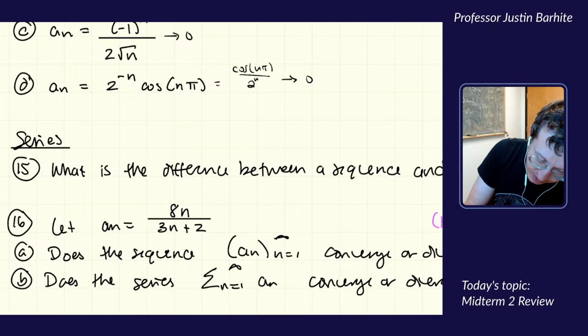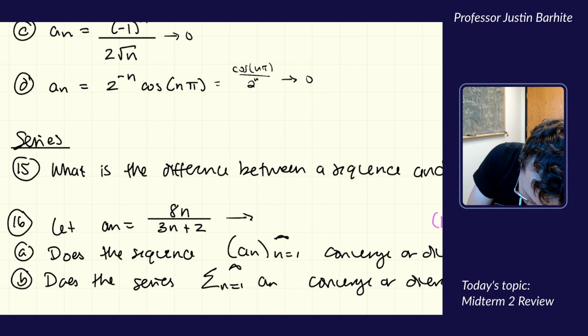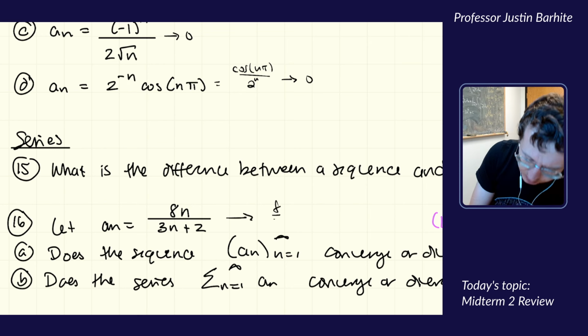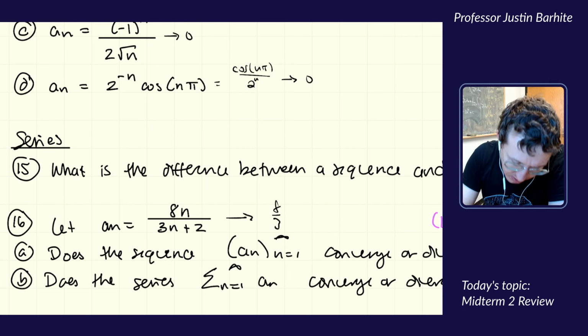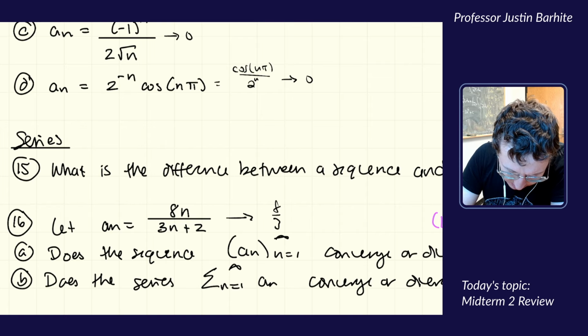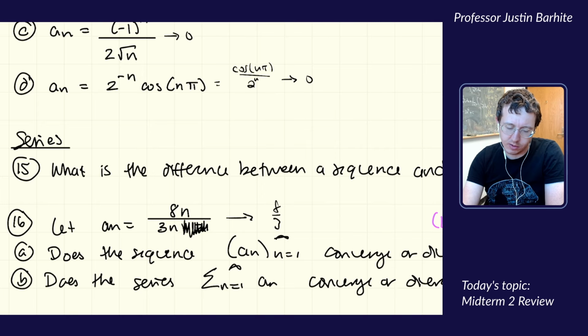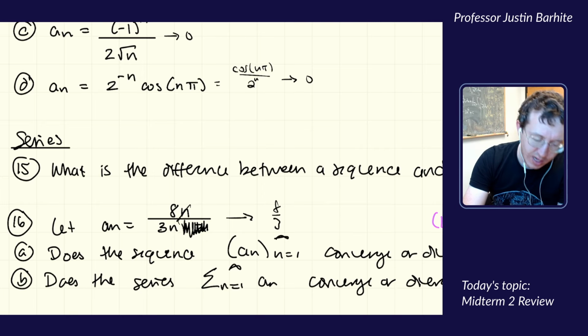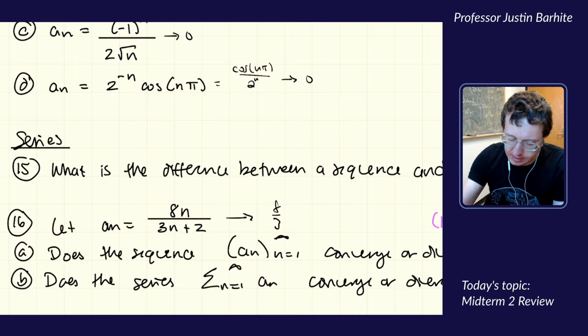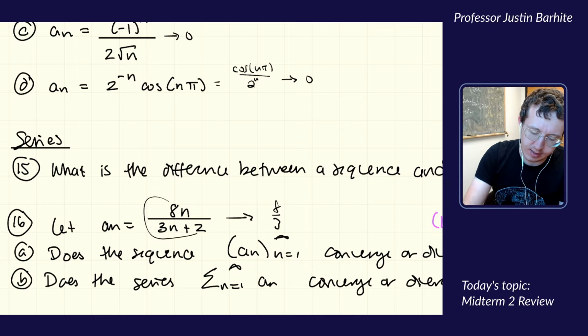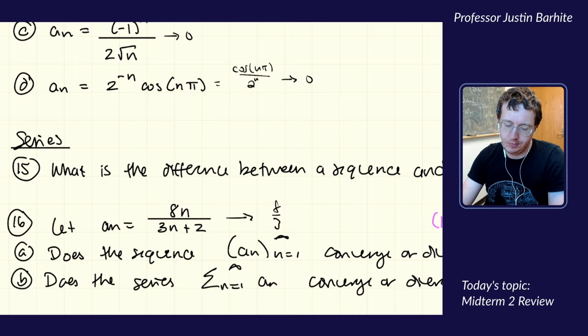The sequence converges. It converges to 8/3. Why is that? Well, because when n is really big, this plus 2 doesn't really matter, so I essentially have 8n over 3n, which is just 8/3. So the bigger n gets, the closer this fraction gets to 8/3.